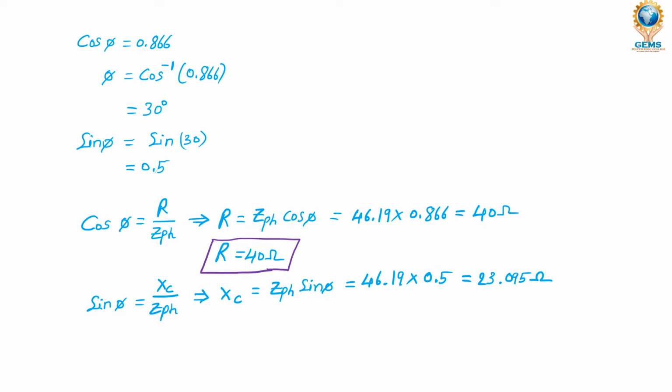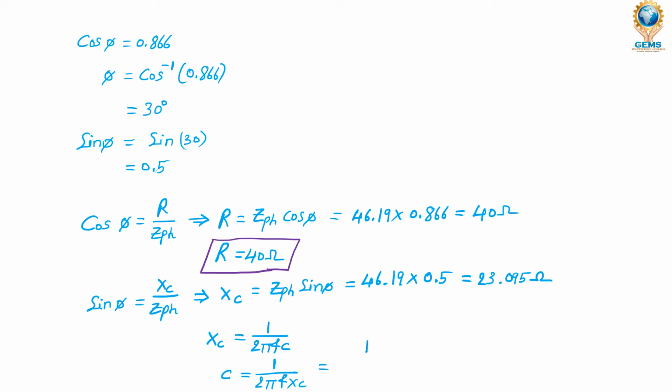Now we have one more formula for Xc. Xc equals 1 by 2 pi fc. From this, taking C out, capacitance C equals 1 by 2 pi f into Xc.